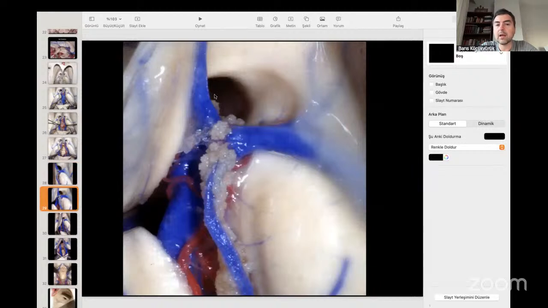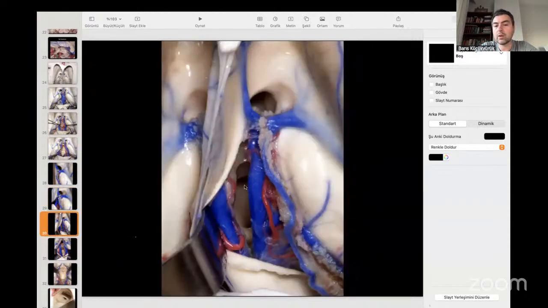We can sometimes cut the septal vein, possibly with no major complications, to expand the foramen of Monro to connect with the choroidal fissure to expand the view. But when we open the choroidal fissure, then we can see the third ventricle.